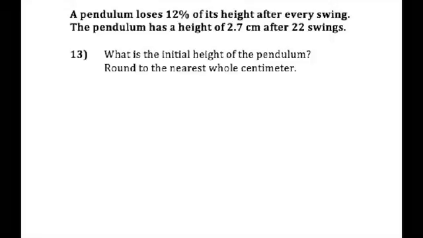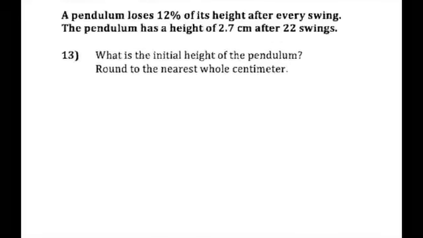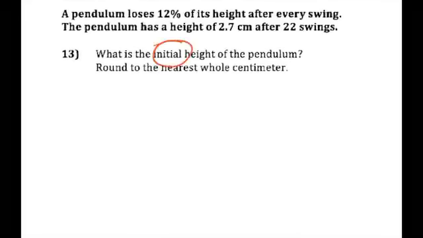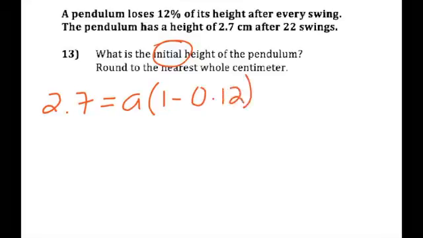Okay, so we're going backwards here. I want to know what my initial height is. So I know that it's 2.7 centimeters, and that equals A parenthesis 1 minus 0.12 to the power of 22, since this happens at 22 swings. This is one way to set it up.